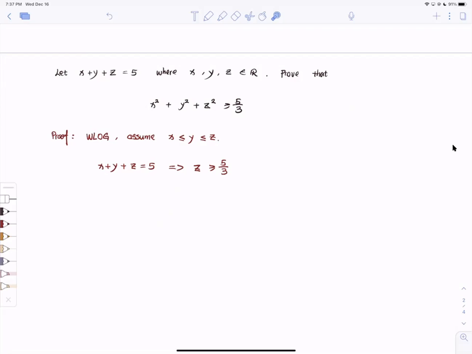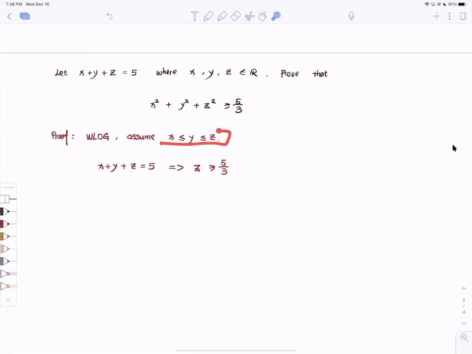If you prove that this is true when they are all equal, but what if they are not equal, then what are you going to do? Do you understand what I mean? Farah? Yes, okay. So that's why you cannot assume they are all equal.